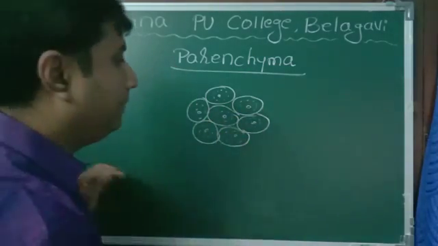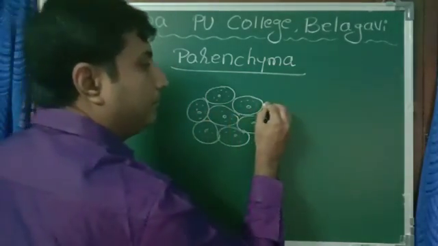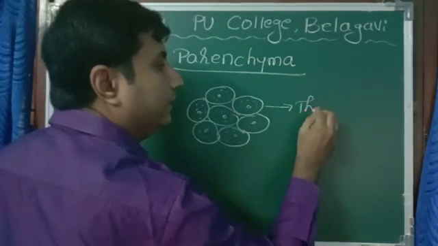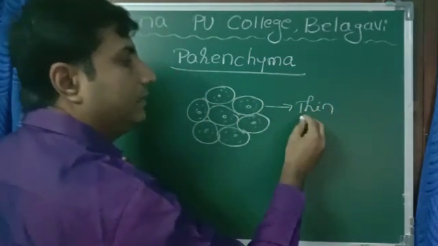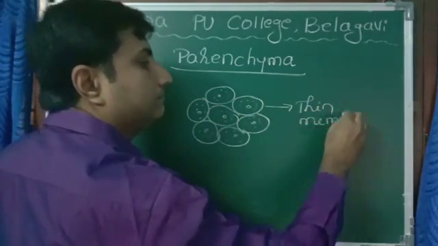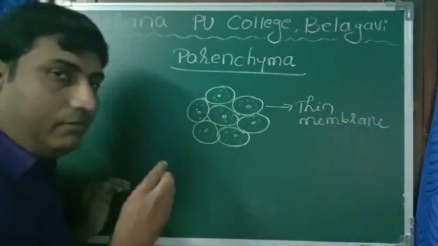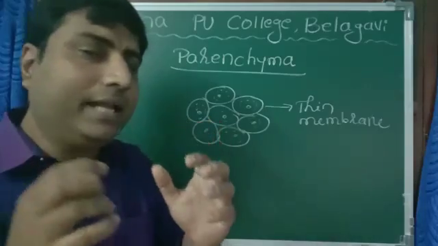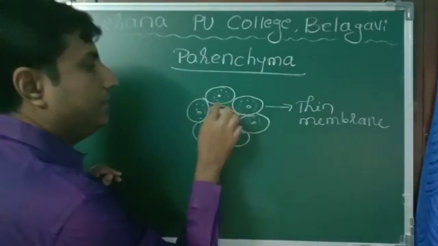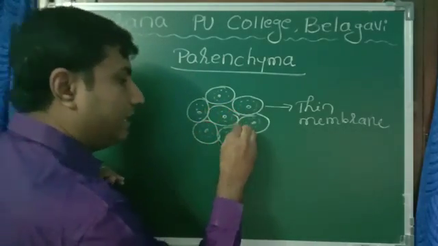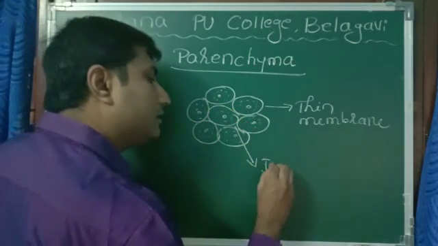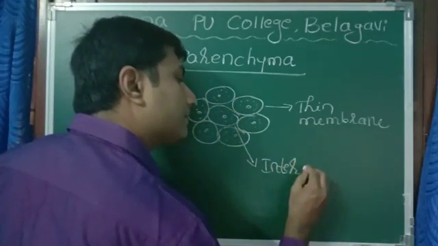This is parenchyma. They are made up of very thin cell membrane. This is one point. Second point, they are very loosely arranged with spaces in between, with gaps, and these gaps are called intercellular spaces.